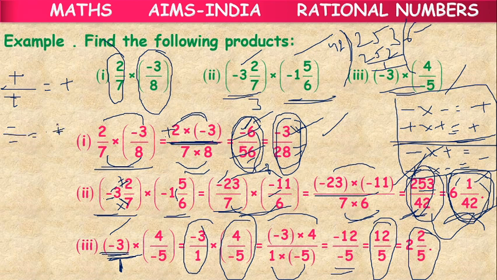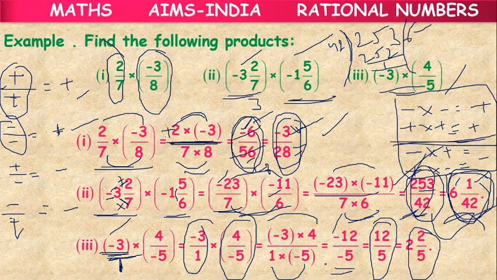Same signs after division always result in positive. If you have plus in the numerator and minus in the denominator, it results in negative, or minus in the numerator and plus in the denominator, results in negative. So here, minus in the numerator and minus in the denominator cancel with each other, resulting in positive.